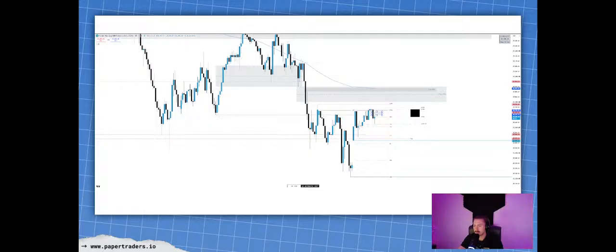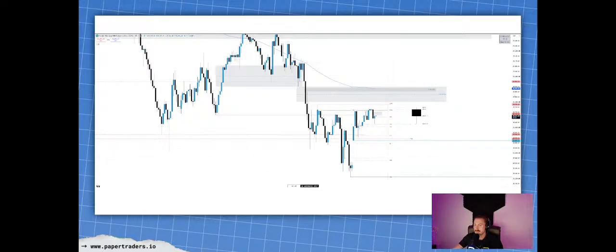So as long as price remains below the PDH sweep, then we can be looking for the PD 50% at 28,474.25, which is right below that weekly open.